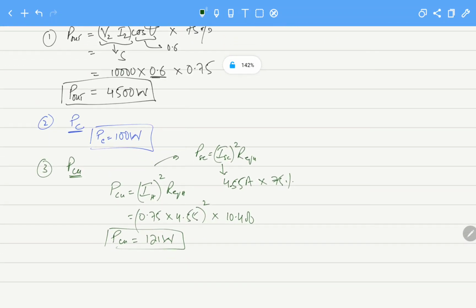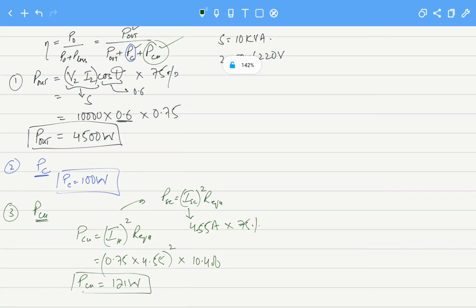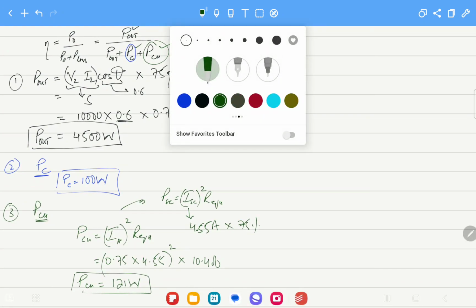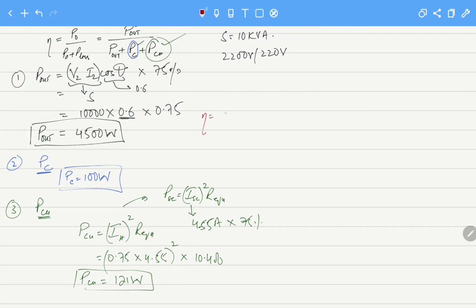So if we put all these values here, the efficiency for the transformer will be P out, 4500 watts, over 4500 plus 100 watts plus 121 watts, into 100 percent, and this will become the efficiency of the transformer: 95.32%.